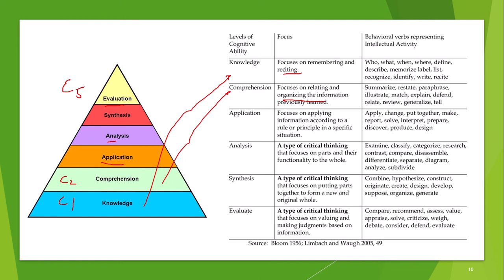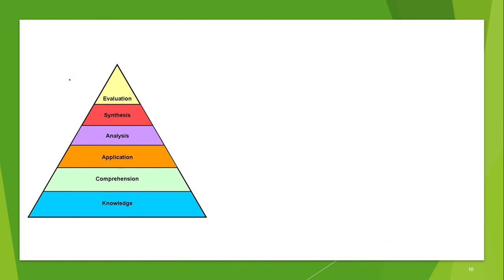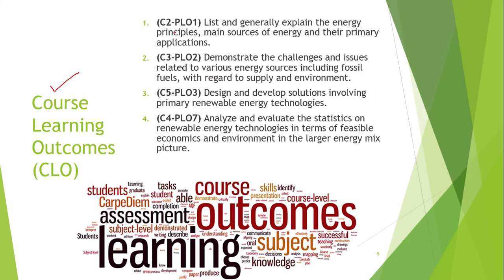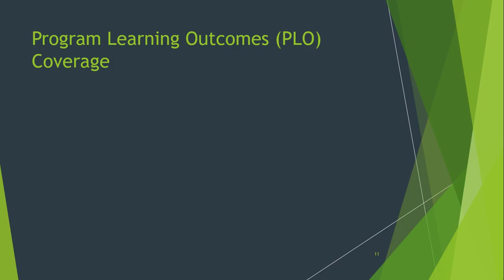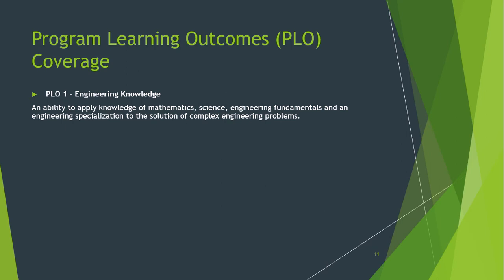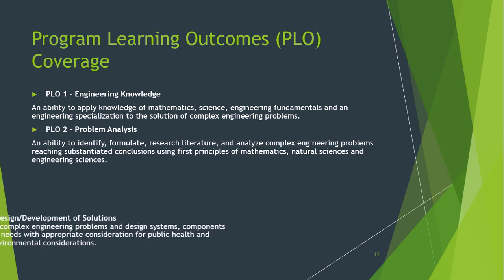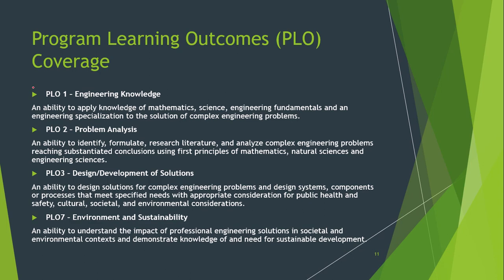I will ask a question according to this level. For example, for CLO1 the question will be according to C2, cognitive level 2, and PLO1. So what is PLO? These are the program learning outcomes of the engineering program. Here we will focus on PLO1, PLO2, PLO3 and PLO7: PLO1 engineering knowledge, PLO2 problem analysis, PLO3 design and development, and PLO7 environment and sustainability.